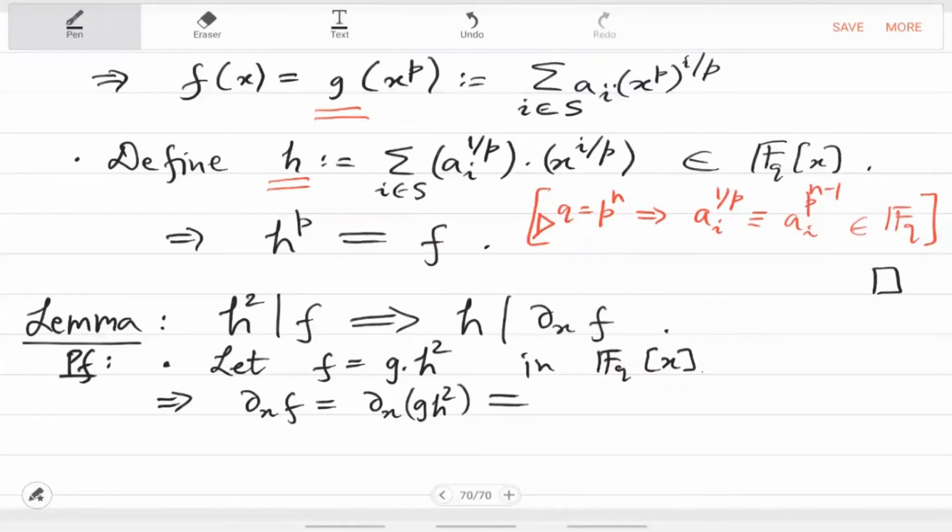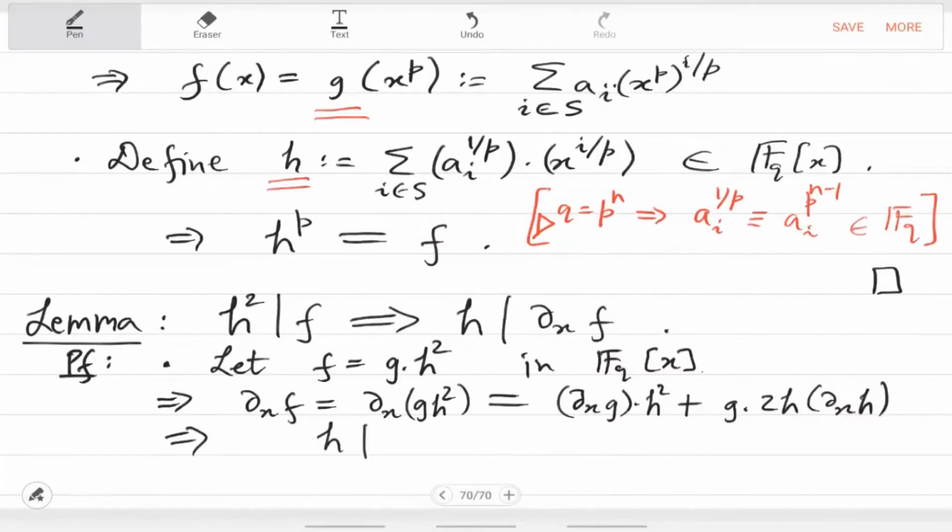There is this derivative product rule, right? So you first differentiate g, and then you differentiate h square. And you see that h divides this. So that's it. This is just the product rule of derivative.